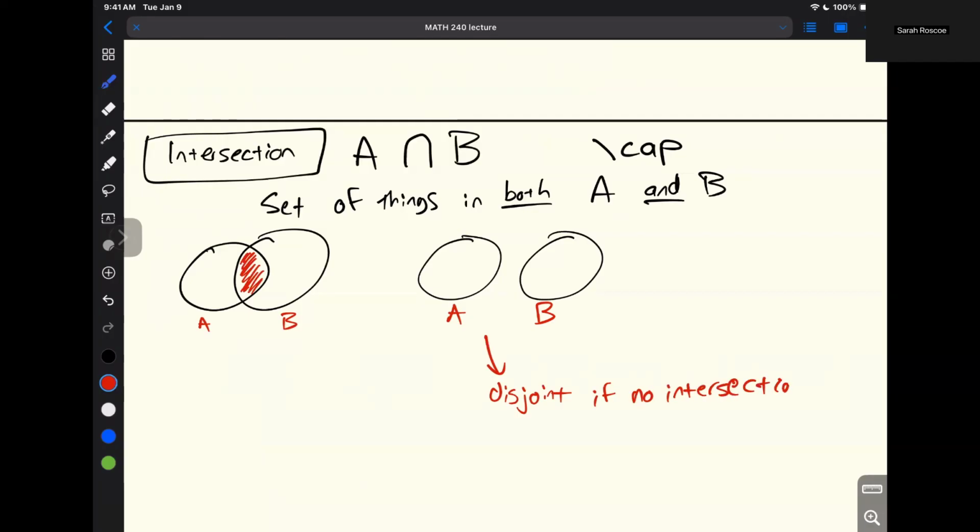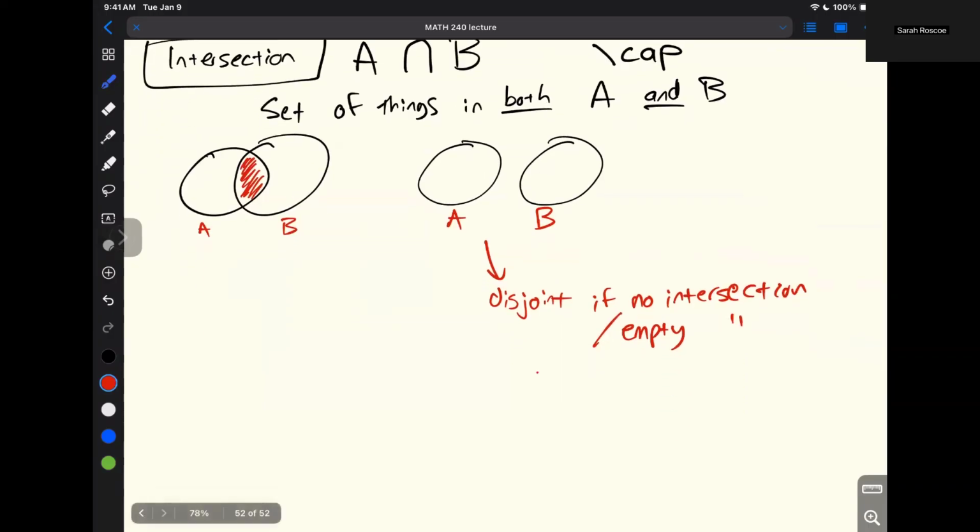We can also say that the intersection is empty. So A intersect B is the empty set because there's no crossover.